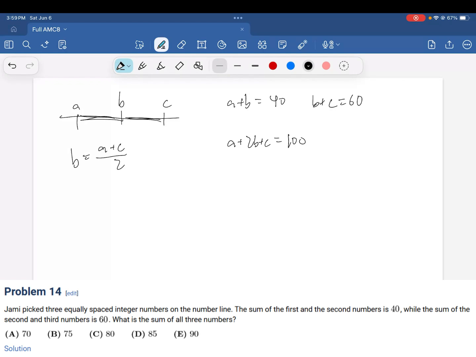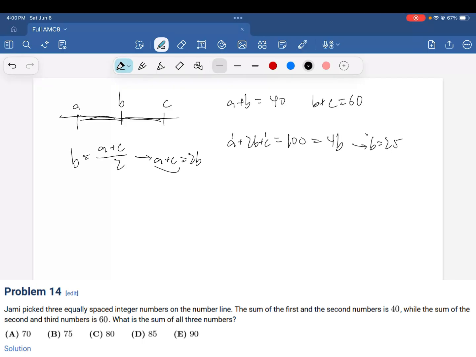And A plus C, we can rewrite as A plus C equals 2B. So if we substitute this into here, we add that to the 2B that's already there, so we get 4B, which means B equals 25.